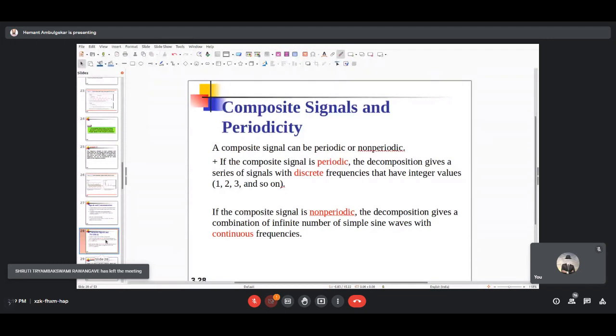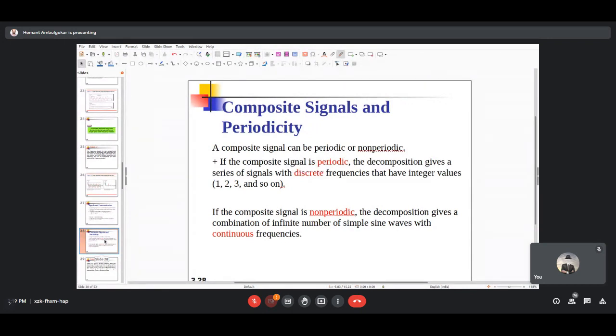So now let us discuss the composite signal. Composite signals can be periodic as well as non-periodic. I hope you remember what periodic and non-periodic mean.